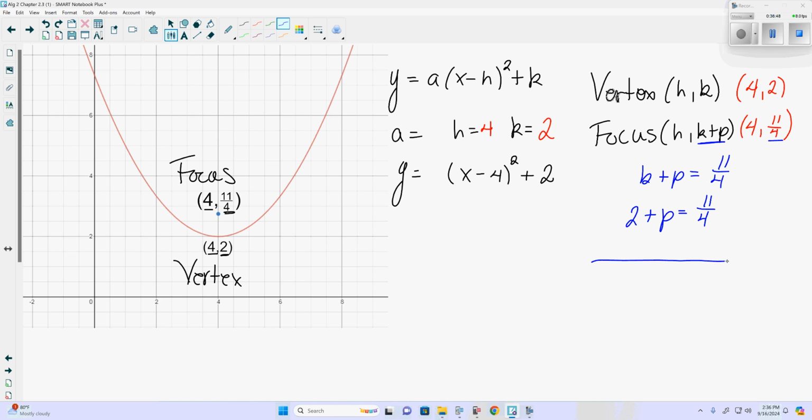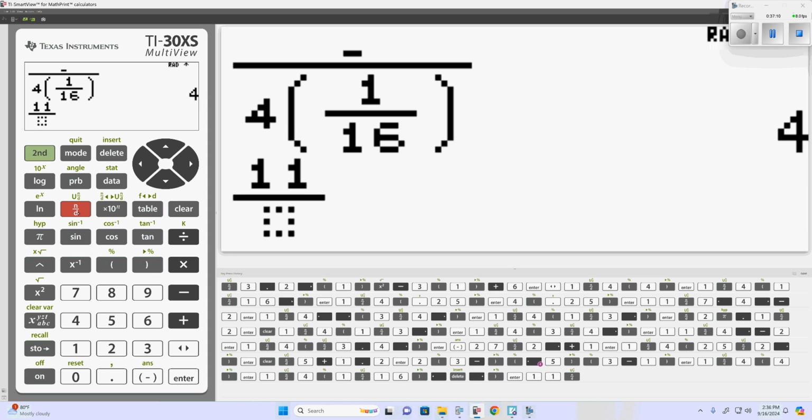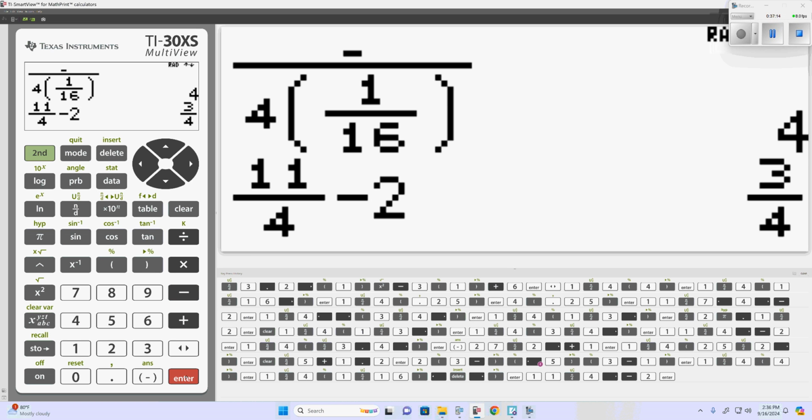So 2 plus whatever p is gives us 11/4. Most likely, p is going to be a fraction. And to find p, we would subtract 2. 11/4 minus 2 is indeed 3/4.